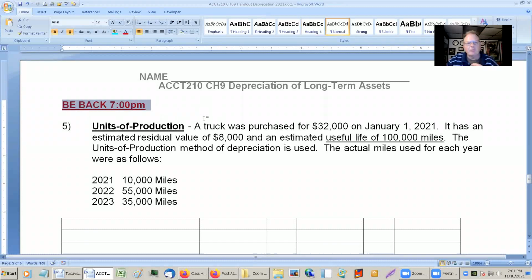This can be called any number of things. It's a reduction activity method. This is units of activity. Sometimes it's called the activity method or production method.